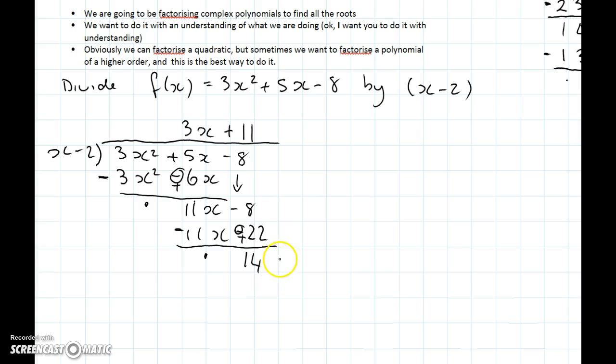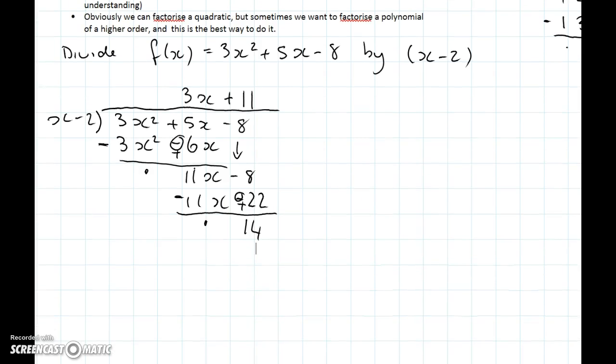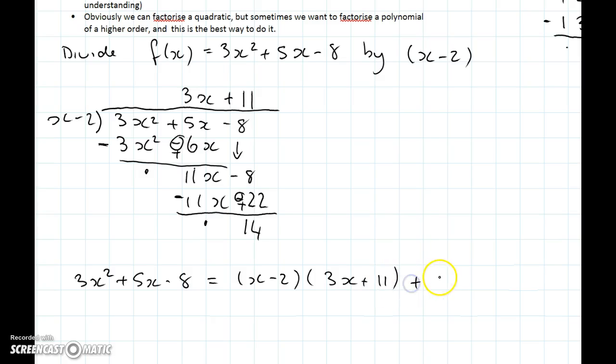So I don't have an x here anymore. I can't divide that anymore. I'm finished. And so I can say, I know from this that 3x squared plus 5x minus 8 is equal to x minus 2 times 3x plus 11 plus a remainder of 14.